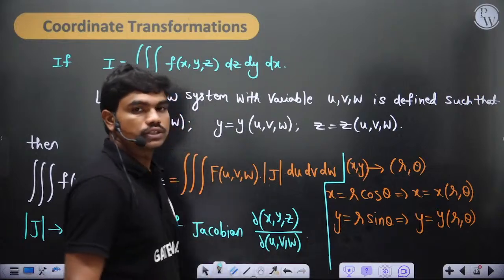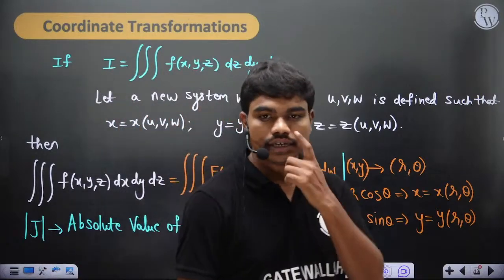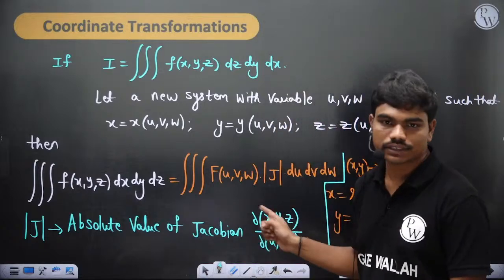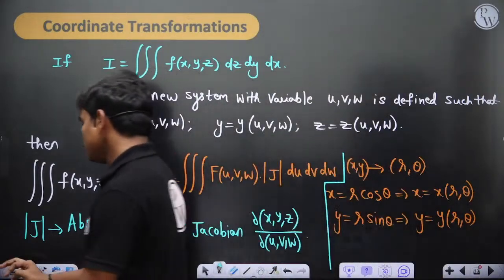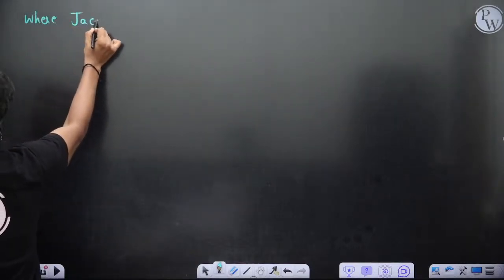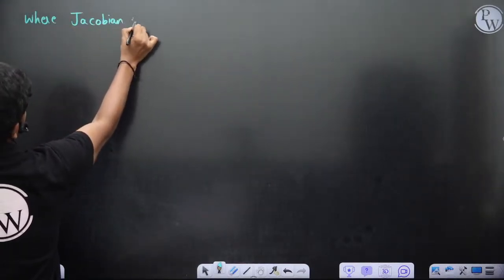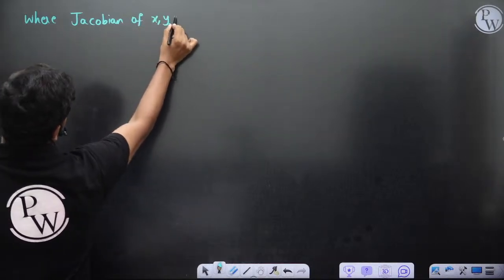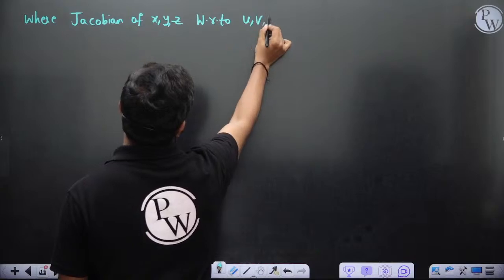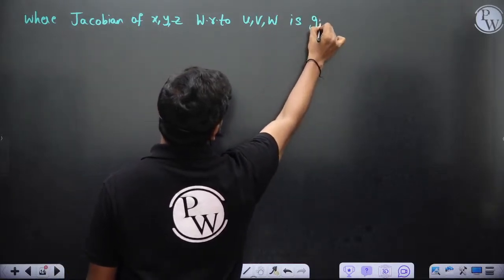This Jacobian is basically the scaling factor, and that scaling factor is captured by these partial derivatives. Let me first give this Jacobian of x, y, z with respect to u, v, w.